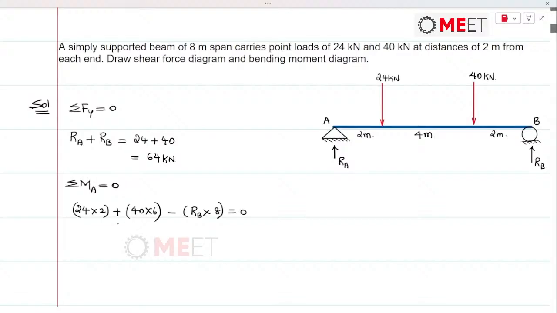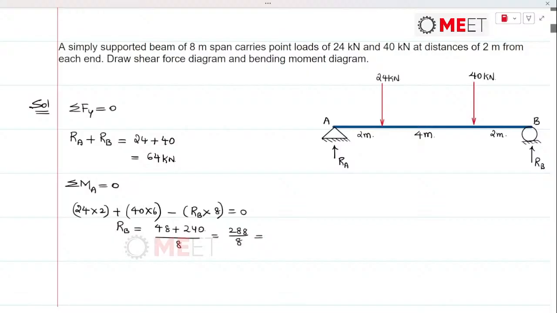This is equal to 0. So RB will be equal to 48 plus 240 divided by 8. So this will be 288 divided by 8.